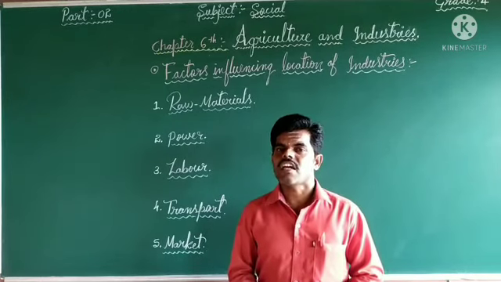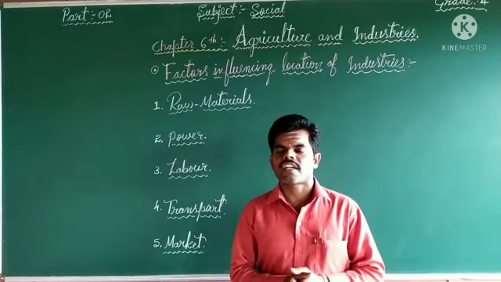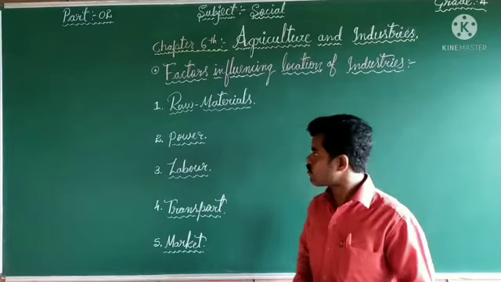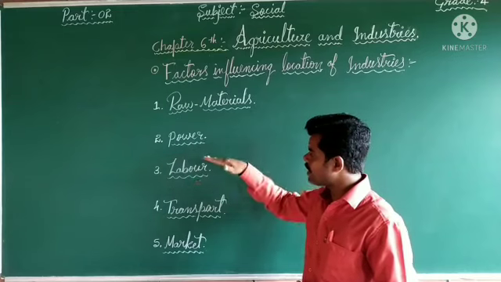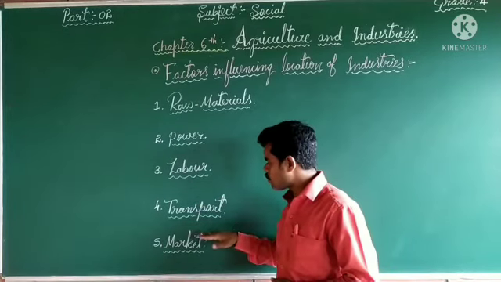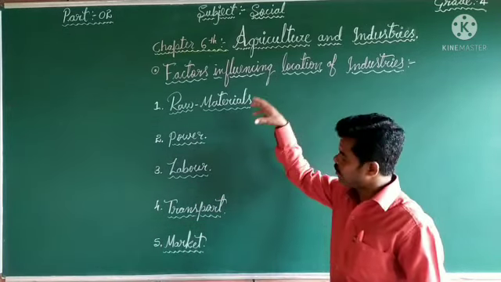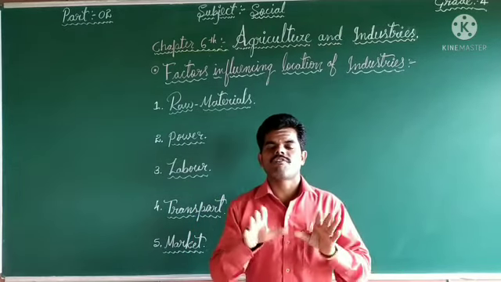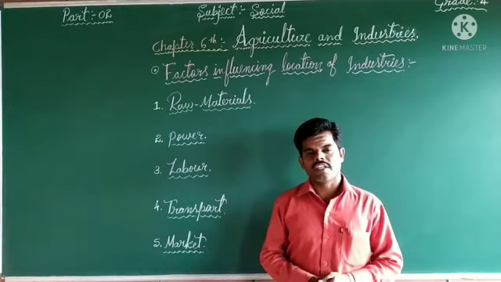We are getting them from the market. So market is also one of the important factors influencing the location of industries. So raw materials are very important, power is very important, and labor, transport and market. These are the 5 important factors influencing the location of industries. Yes, dear students, did you get the point? How the factors influence the location of industries in our India.